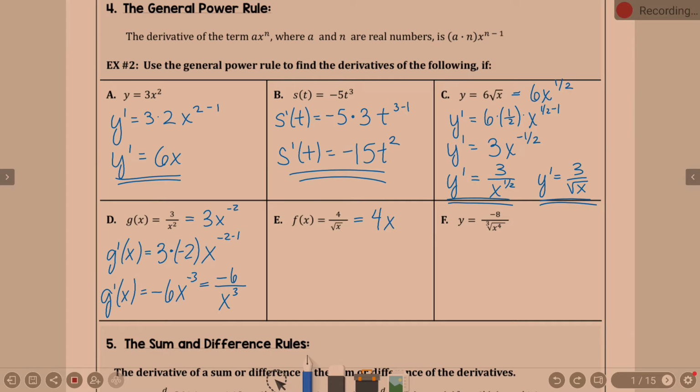Okay, what do we know about this 4 over square root of x? It's 4x to the negative 1/2. That was my pitfall when I was doing this on my own. I kept forgetting the negatives in the exponents. It kept getting me in trouble. Okay. Negative 1/2 times the 4 that's already out there.